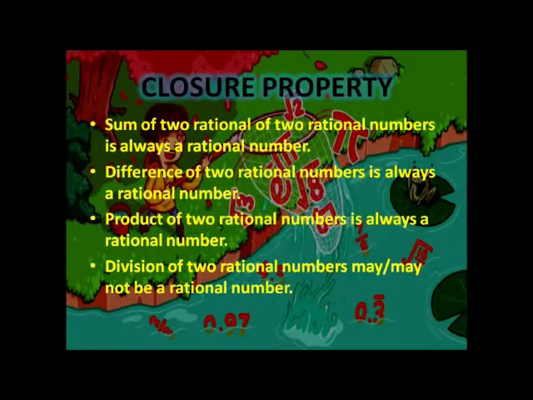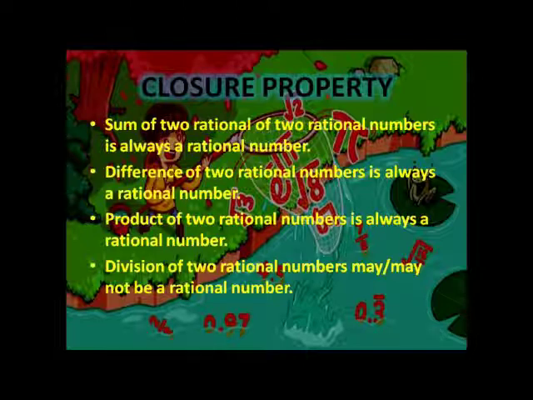We will first start with closure property. The closure property exists for different operations like addition of rational numbers, subtraction of rational numbers, multiplication of rational numbers, as well as division of rational numbers. As per the closure property of addition, the sum of two rational numbers is always a rational number.